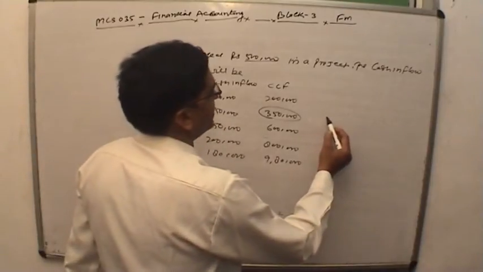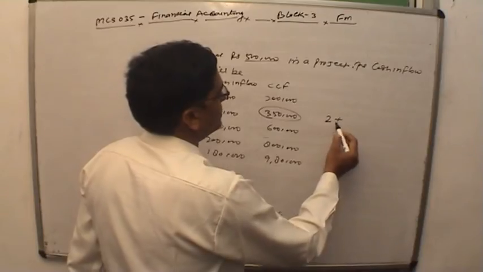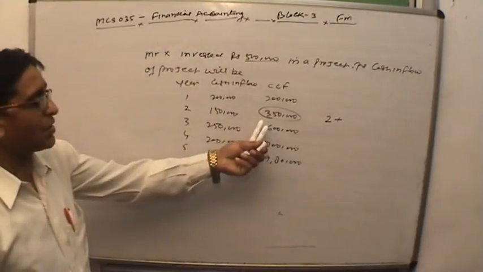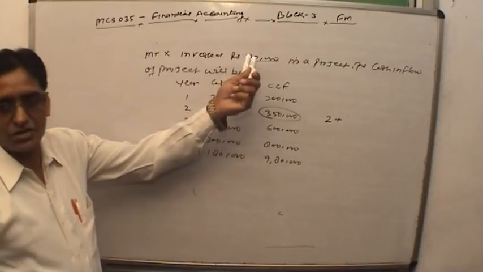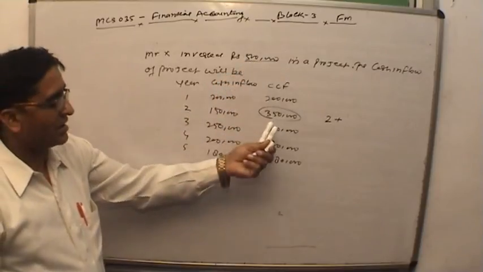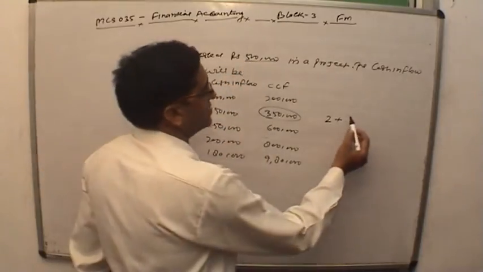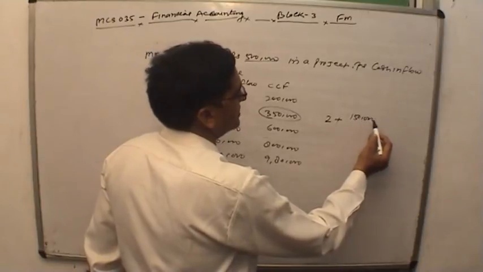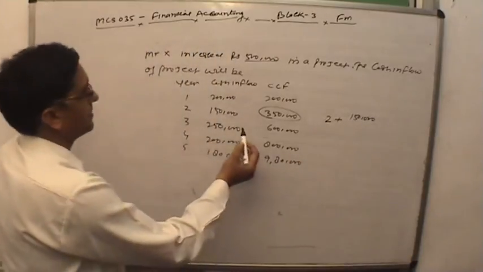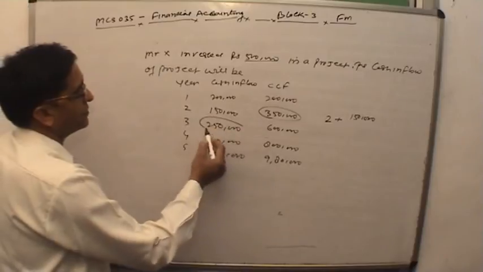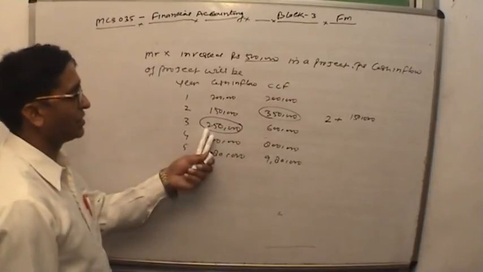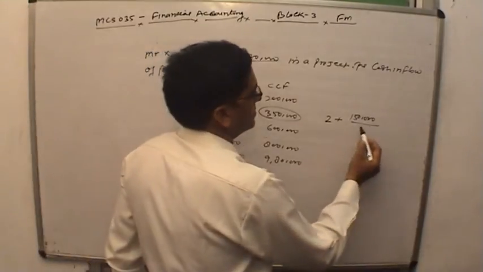So nearby cash flow years is 2, plus how much amount is required to make the original investment of 5 lakhs? It is 1 lakh 50,000, and this is received from the third year cash flow, which is 2 lakh 50,000.